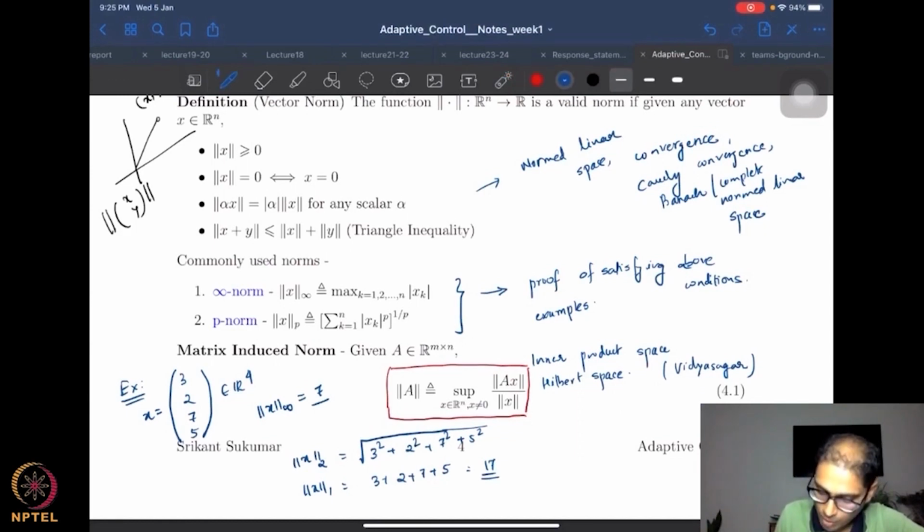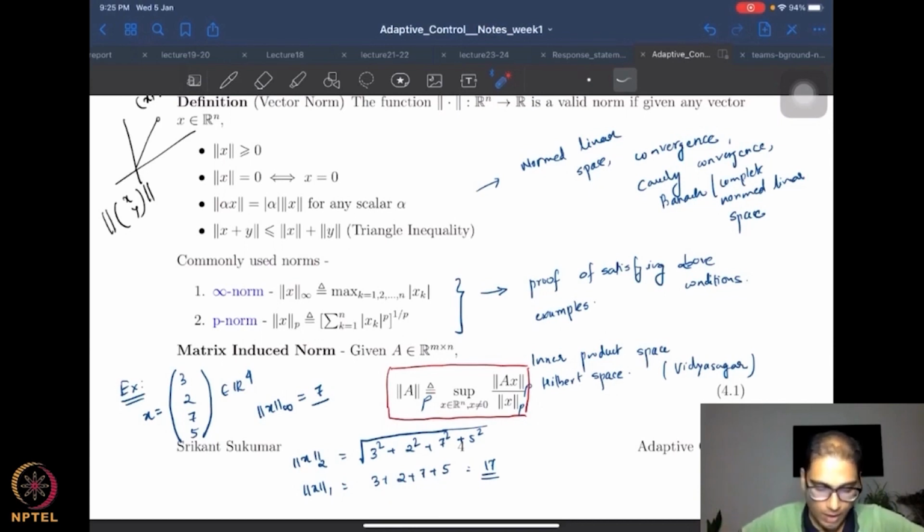If I put a p here and a p here, I get a corresponding p matrix norm. Of course, I have to use the same vector norm in the numerator and denominator, then I get a corresponding p induced norm. It's as simple as that.